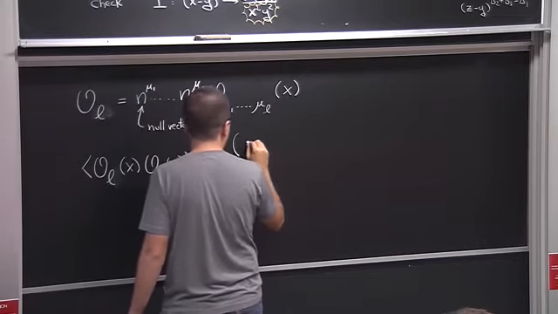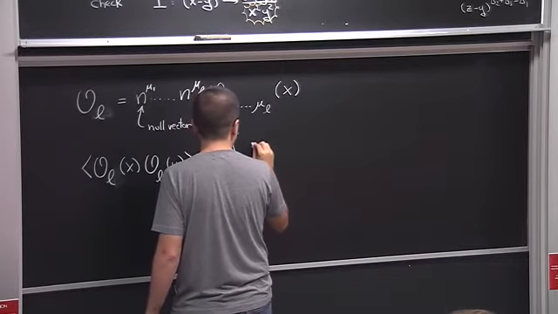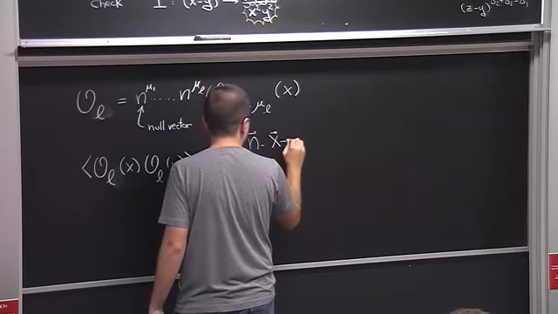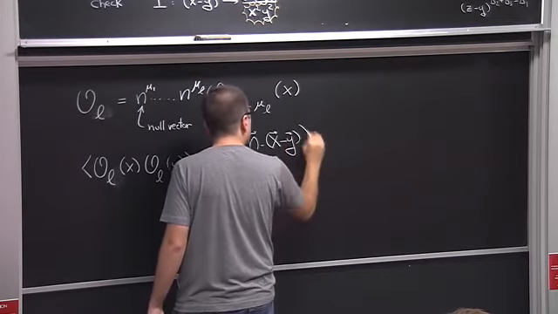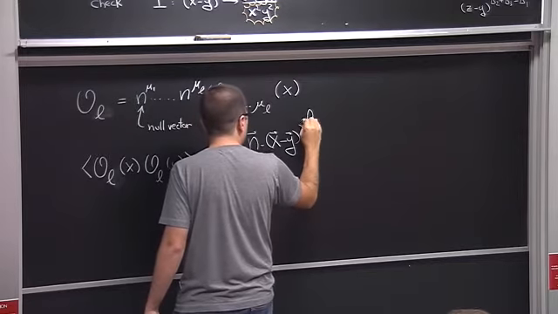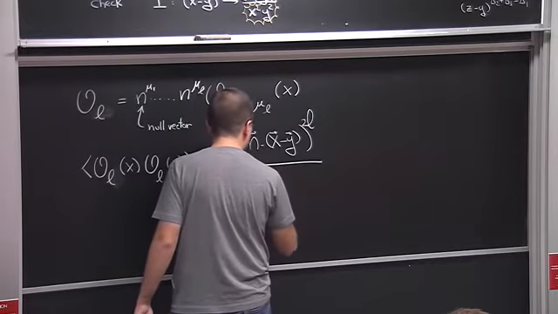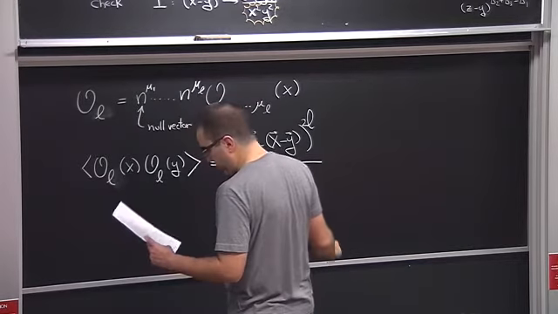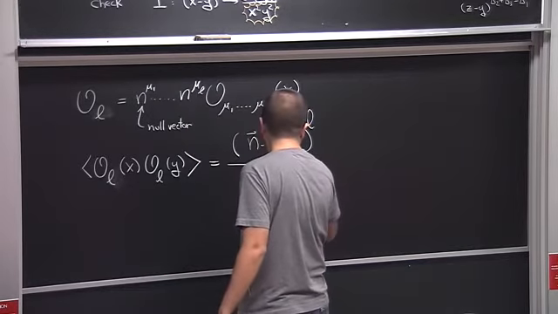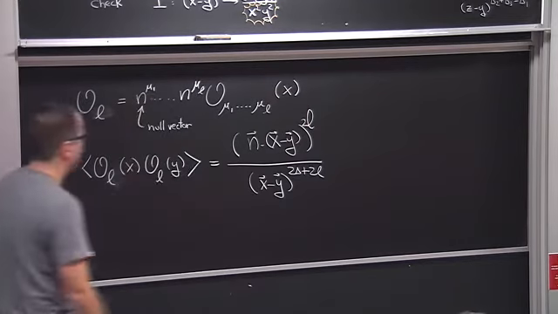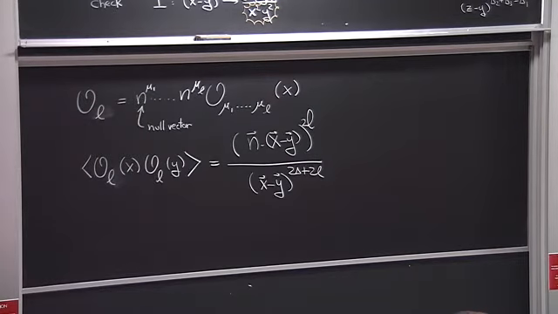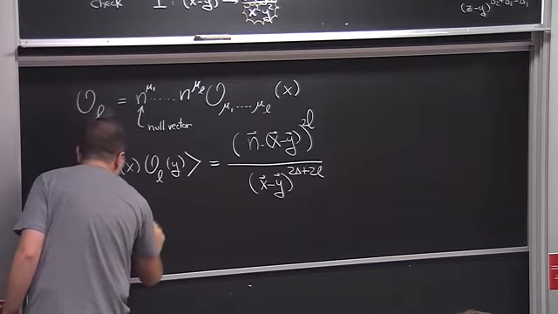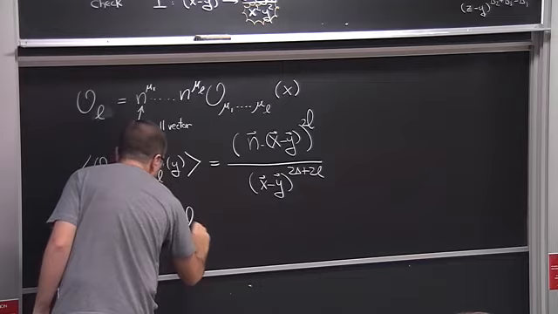It's also fixed by symmetry, and it is given by (n dot (x minus y))^2L over (x minus y)^(2 delta plus 2L). Okay, this is just that.